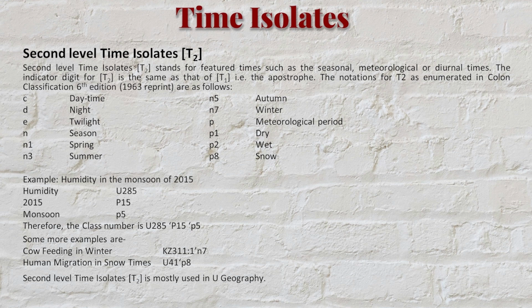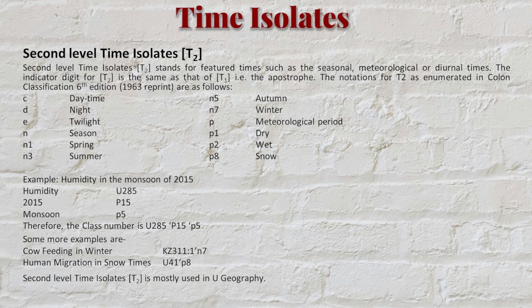So, small c denotes daytime, small d denotes night, or in seasonal time N1 indicates spring, N3 indicates summer, P1 indicates dry time, P indicates meteorological period, in that P1 indicates dry period, or P2 indicates wet period, or P8 indicates snowy period, etc.